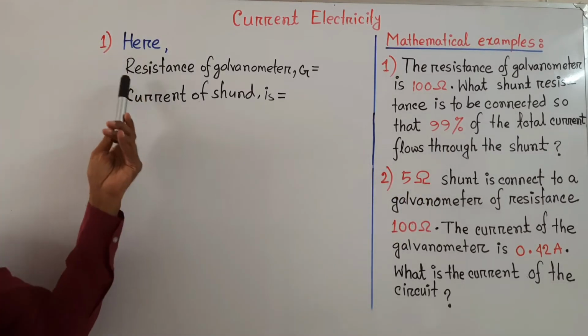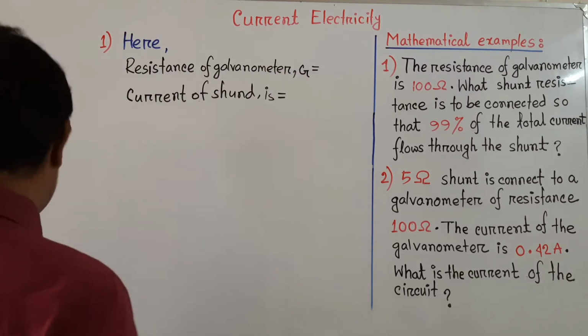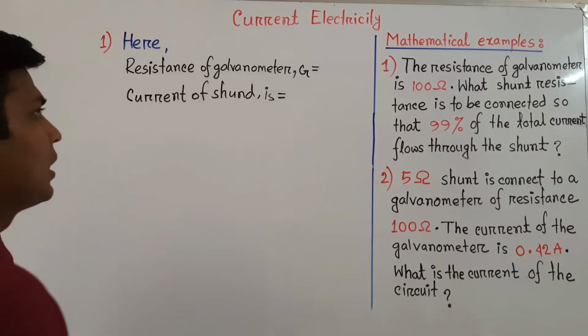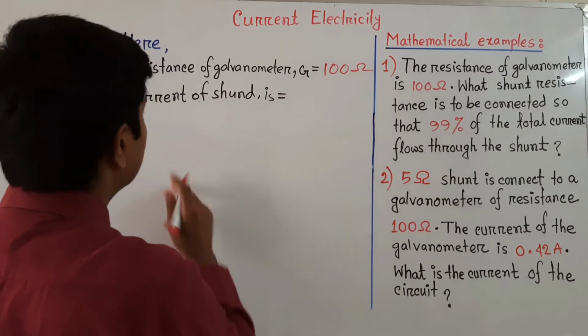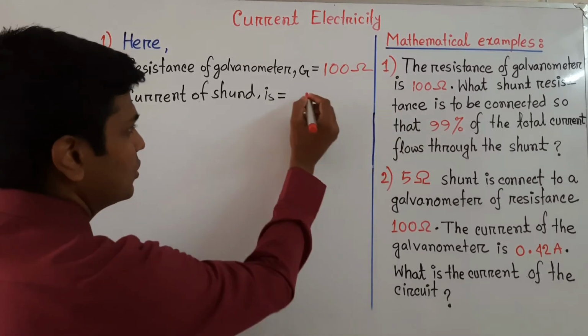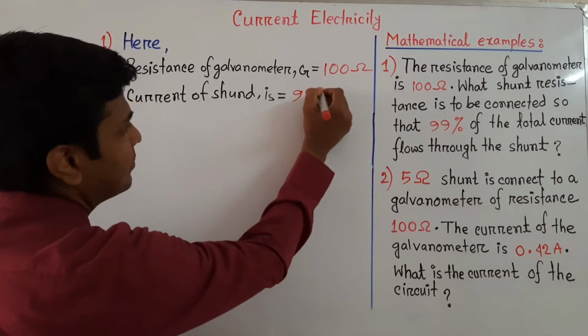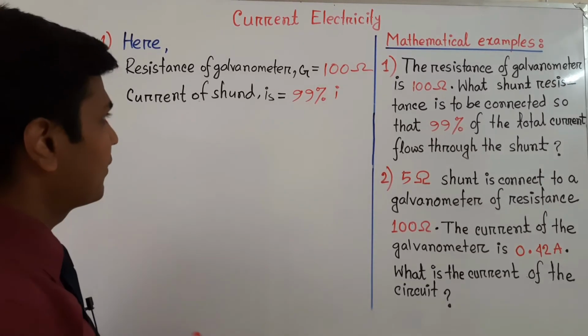Let's see the given information. The resistance of the galvanometer, represented by capital G, is given here as 100 ohm, and the current of the shunt, represented by Is, is given as 99% of the main current.